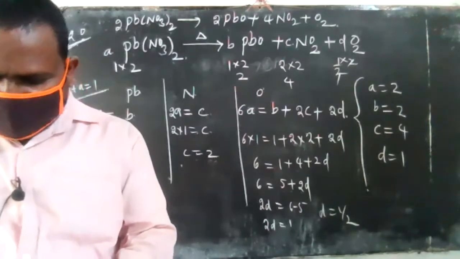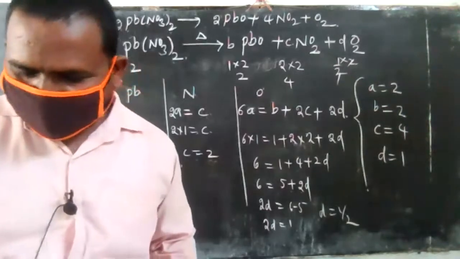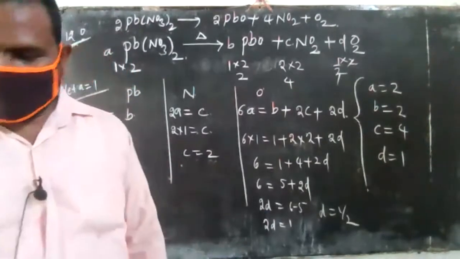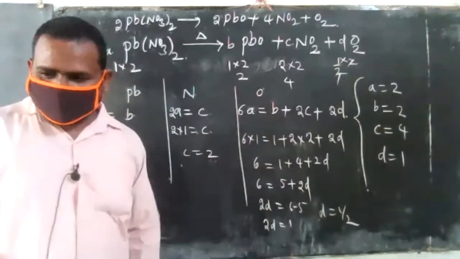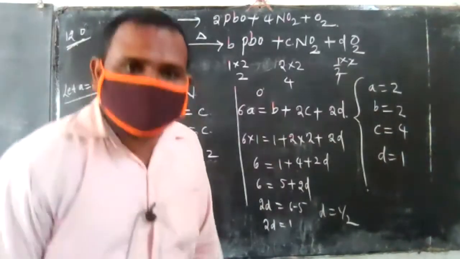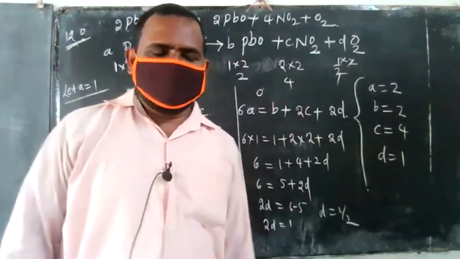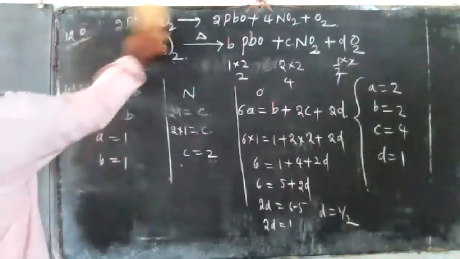So if you have any doubt, you ask me, my dear students. So this is balancing a chemical equation, the fourth lesson. Somewhere I will give the examples.